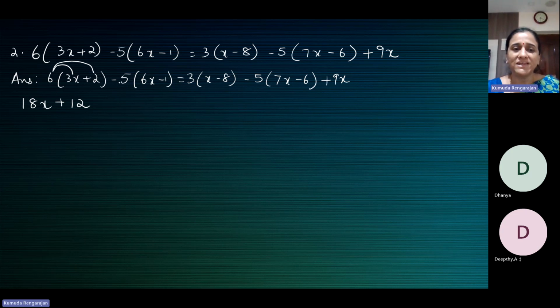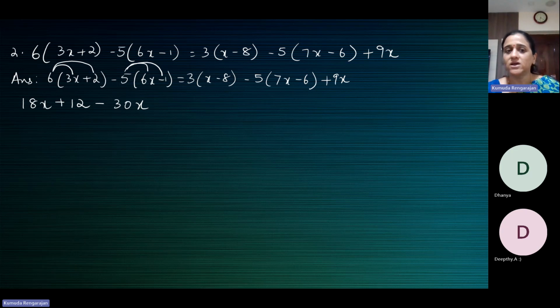Then we have to multiply minus 5 and plus 6x. Minus into plus is minus. 5 sixes are 30x. Next, we need to multiply minus 5 and minus 1. We are multiplying, not adding or subtracting.